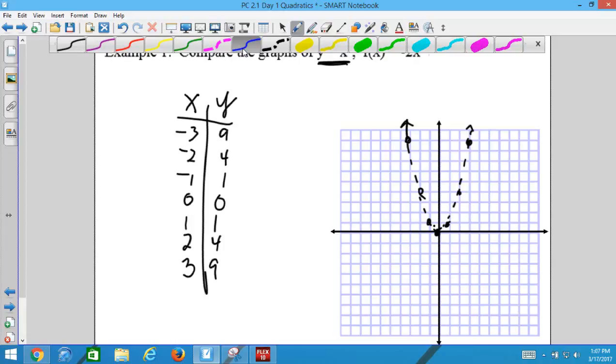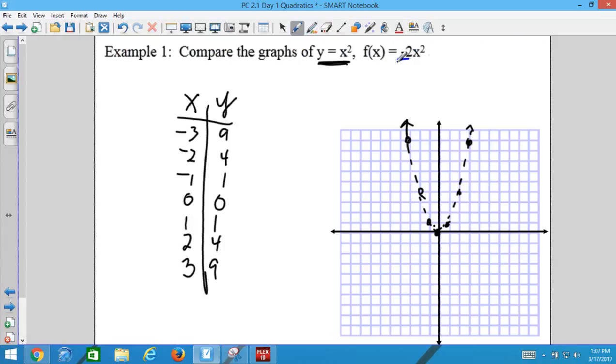Looking at the new function, negative 2x squared, how is that different than x squared? Reflection in the x-axis. What does that mean?